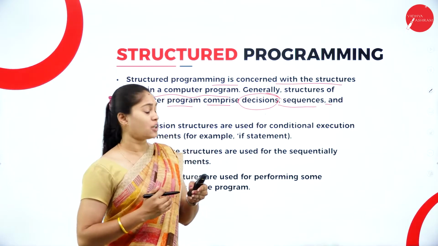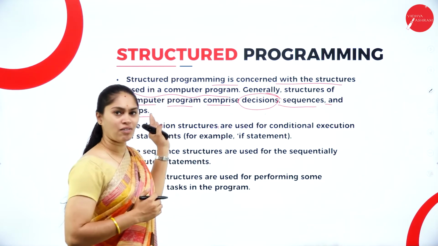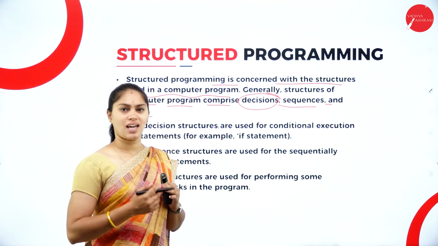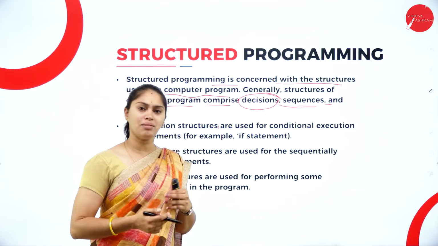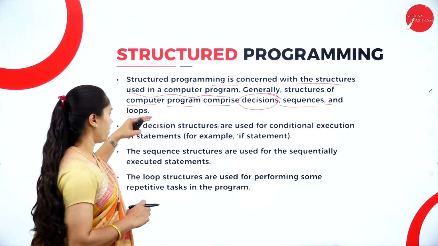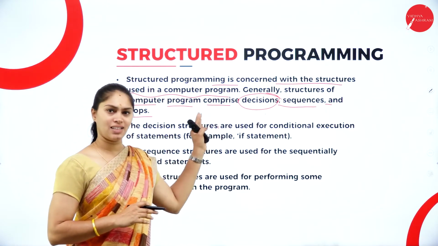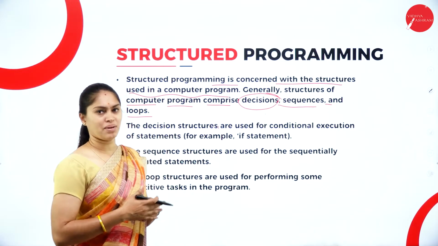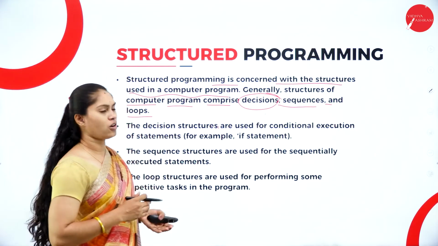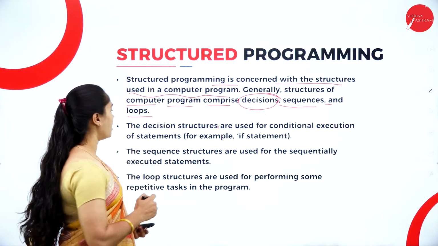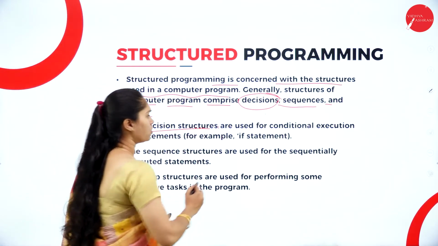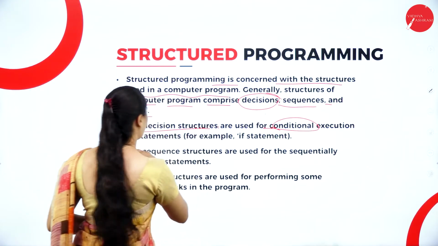That is sequential in nature. And also we have a loop. If you want to repeat the same set of instructions more than one time, then we have to go with looping. So when we have all these three components while programming, it comes into the category of structured programming.